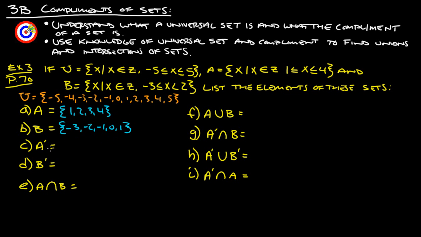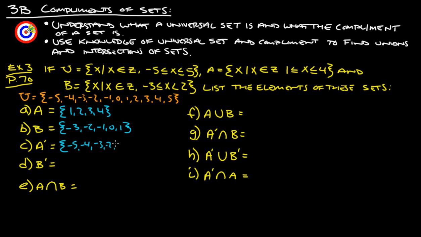So A prime, we usually call that A prime, but that's just the complement of set A, and that's going to be everything in the universal set. That's why it's handy to have the universal set written down there. All the pieces of the universal set that aren't already included in set A. So that would be -5 all the way up to 0, and then also 5.